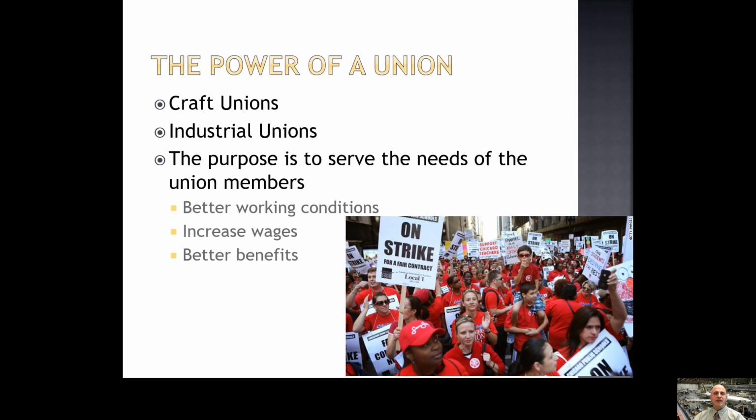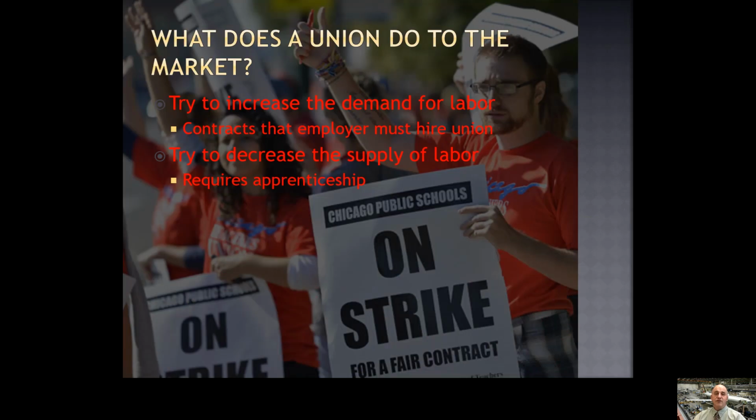And typically when we think of unions, really what they're trying to do is manipulate the labor market so that maybe the members of the union can get better working conditions or benefits or higher wages. That's oftentimes one of the things that they will try to do. And the way that they can do that is possibly to increase the demand for labor.